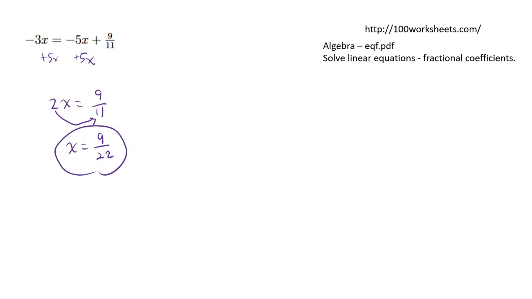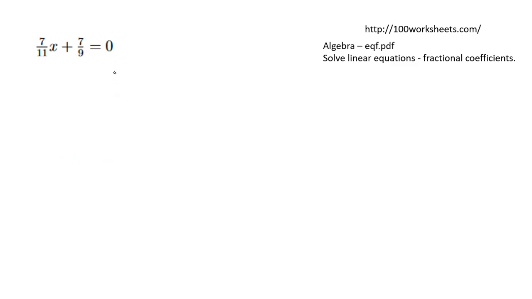Okay. All right, so here's our last example, which can be done in both ways, but I do still have something to talk about in this case because you're dividing by a fraction. So let's try that. Subtract 7 over 9 to the other side. And then when you divide by fraction, you get a complex fraction, right?